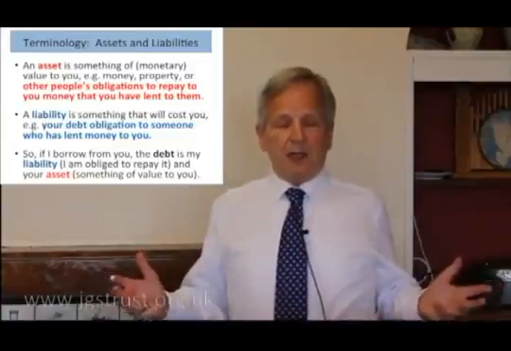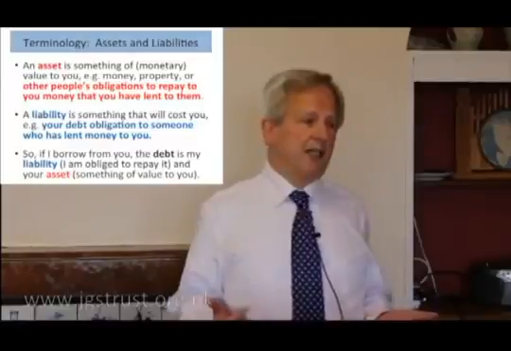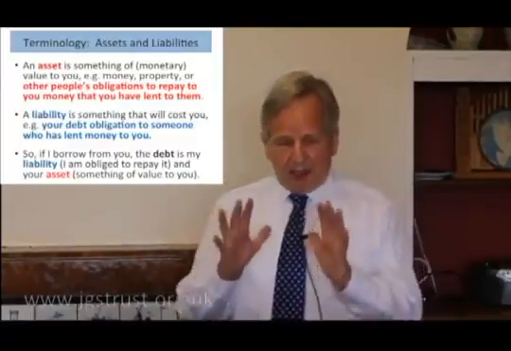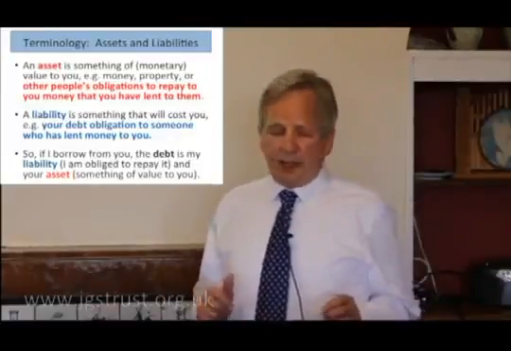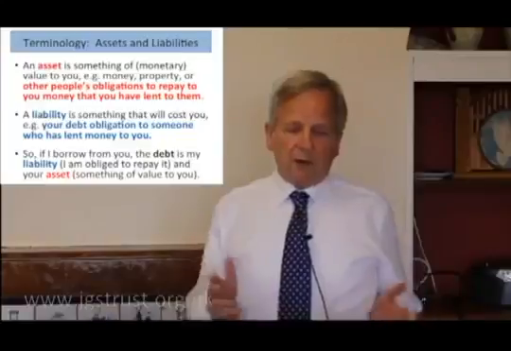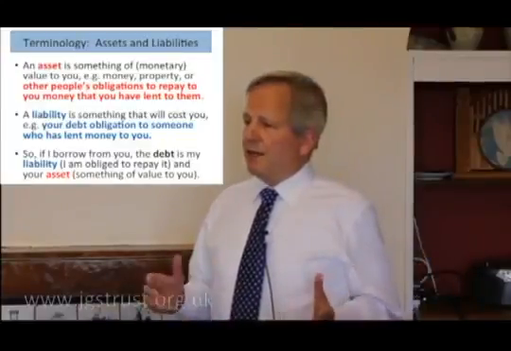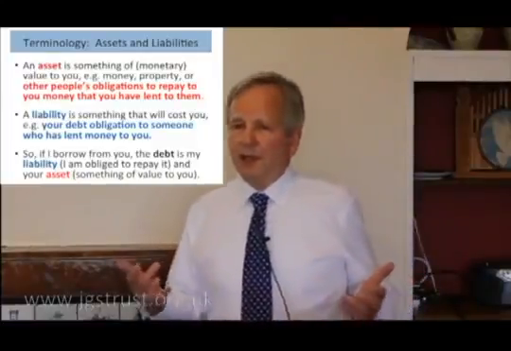So assets and liabilities. An asset, in our context, we're talking about monetary assets. Obviously your family is an asset to you, but we're narrowing down to monetary stuff of value, and it can be property, but it also can be bonds or debts, other people's obligations to pay you money at some time in the future.